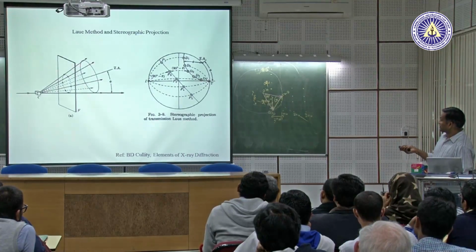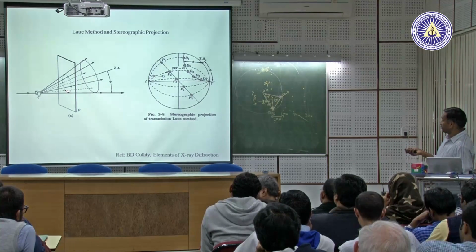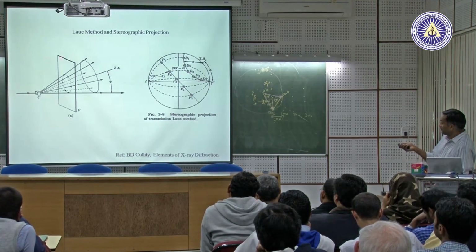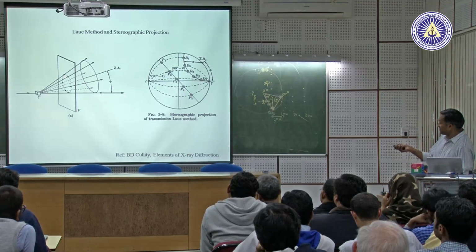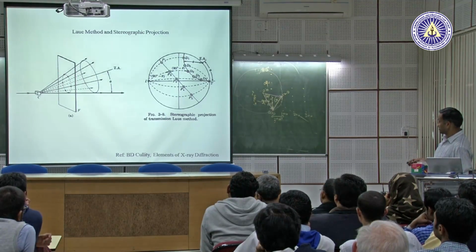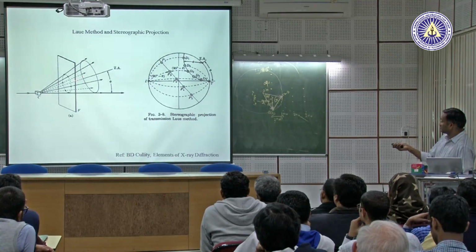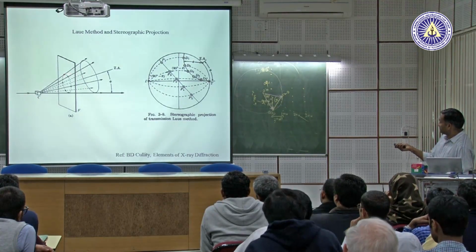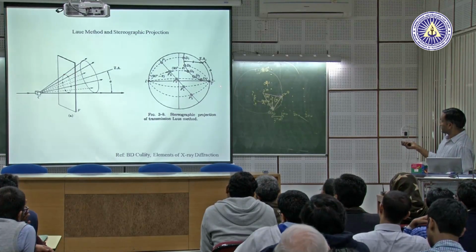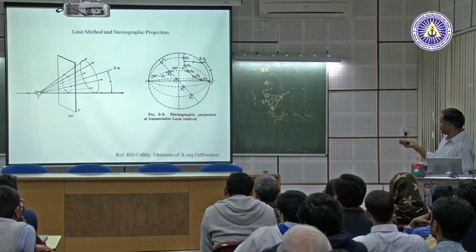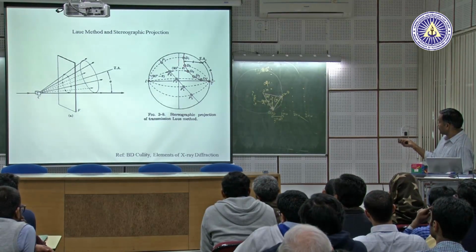For example, if you look at this particular construction here, you have this screen, which has a certain number of spots. And if you translate the same information to the stereographic projection, you have these diffracting spots D1, D2, D3, D4, D5, and so on.